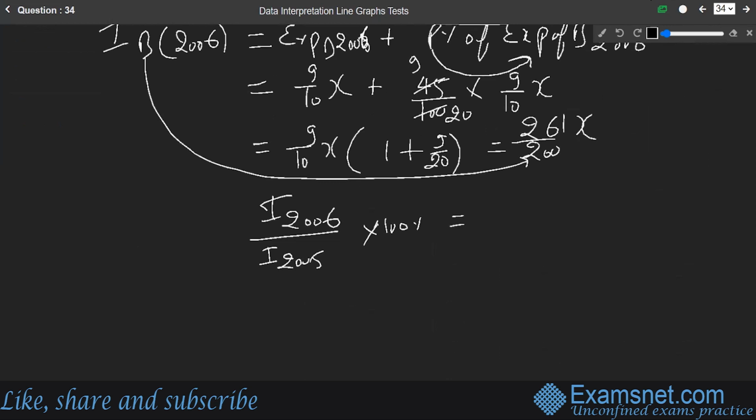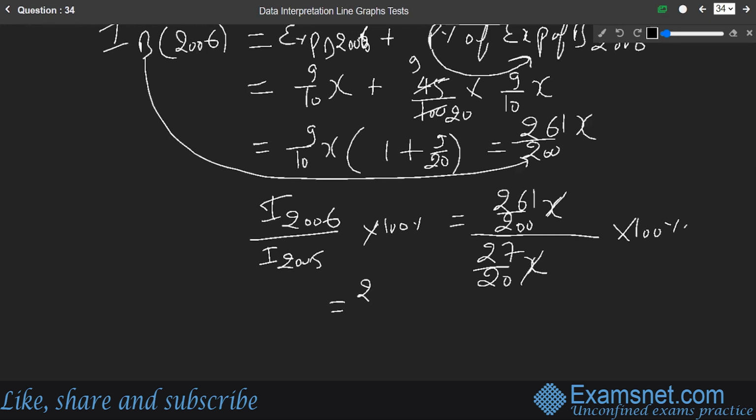So income of 2006 we can read from here, that is 261 by 200x, divided by income of 2005, which we calculated as 27 by 20x, into 100%. So clearly we are supposed to solve this particular expression. Obviously the x's go away, so we can take the multiplicative inverse of the denominator and make it a multiplication. So it has to be 20 by 27 into 100.